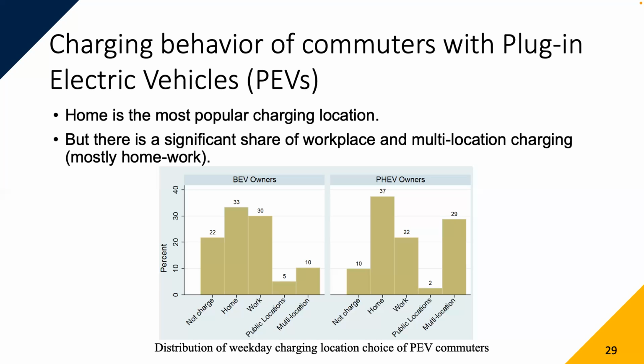But there are all these nuances in the behavior that we observe from survey data, such as these guys drive home and say, I'm not going to bother plugging it in because I still have like 200 miles on my vehicle. So very, very few electric vehicle drivers that we have ever observed charge every day. That just doesn't really happen.